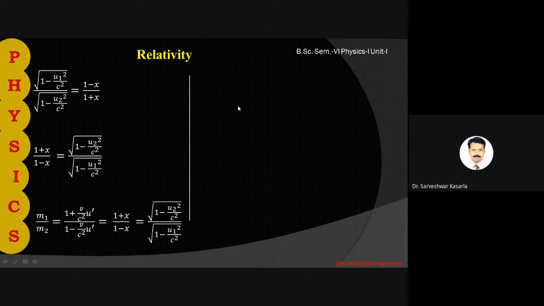That means we can write like this: after cross multiplication of this, m1 into this term and m2 into this term. So that must be constant, because m1 is the mass of the particle, and u1 is the speed, m2 is the mass of the second particle, u2 is its speed, relativistic speed we can say.